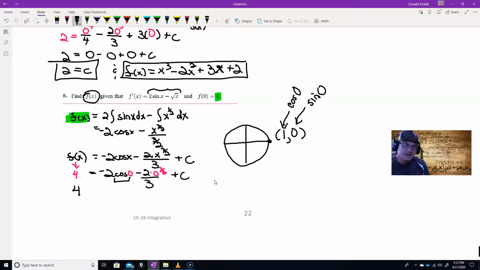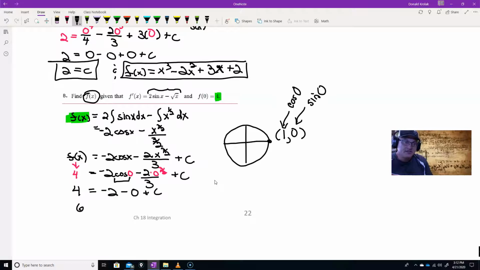So that's going to be negative 2 minus 0 to the 3 halves, 0. And 2 times 0, 0. So this whole thing turns into a 0 plus c.